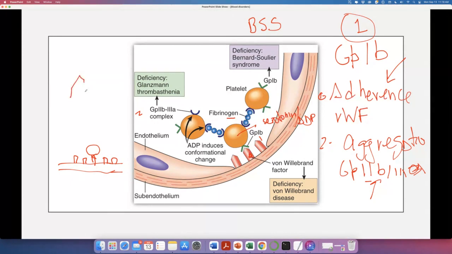Let's say this is the normal shape of von Willebrand factor as it appears there. Maybe they produce an abnormal von Willebrand factor that has a different shape. So if we give a medication to induce the formation of von Willebrand factor, they are going to make it, but it's going to still be defective, or it's not going to work either.